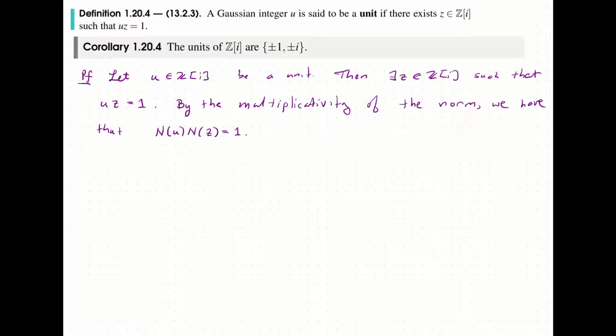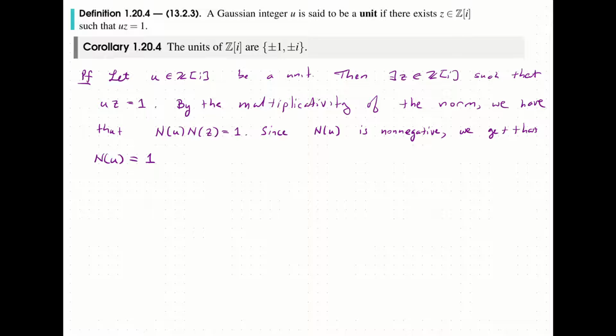But this is the beautiful part about the norm. We have as inputs the Gaussian integers, and as outputs the non-negative integers. Since the norm of u is non-negative, we get that the norm of u has to be exactly equal to 1.